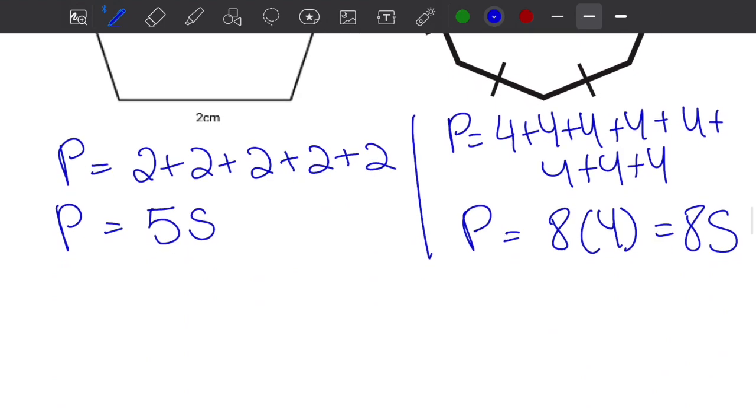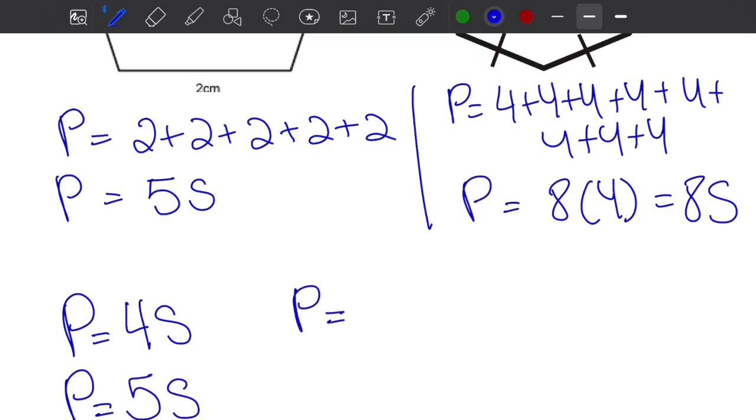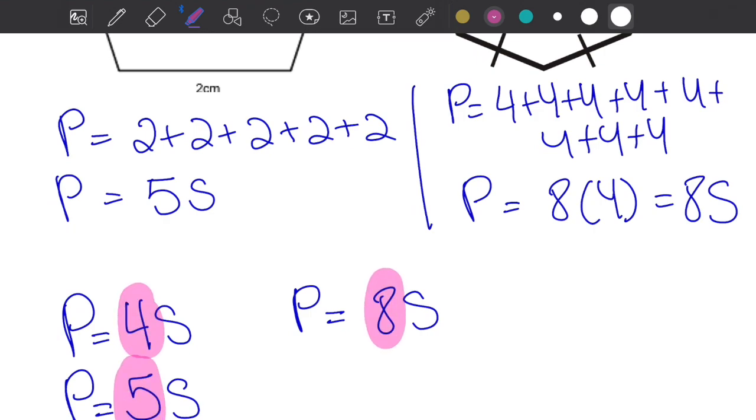So what are we noticing here? For a square, the formula was 4 times side. For a pentagon, which is a 5-sided shape, it was 5 times s. For an octagon, that's an 8-sided shape, it was 8 times s. So basically, the conclusion is that we always multiply one known side by the number of sides.